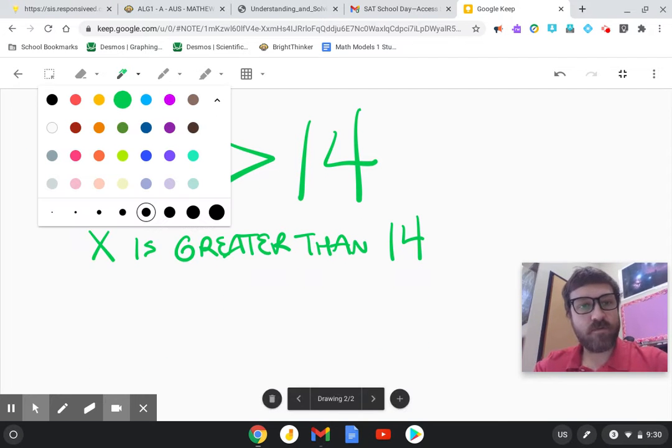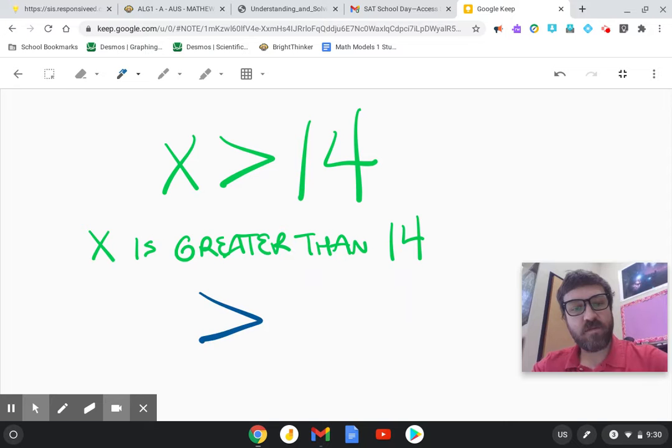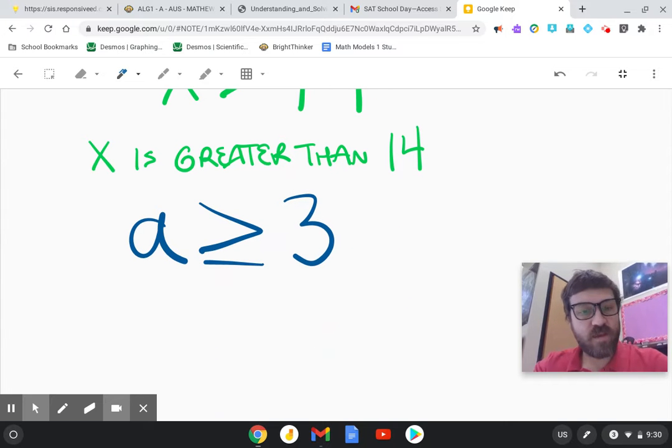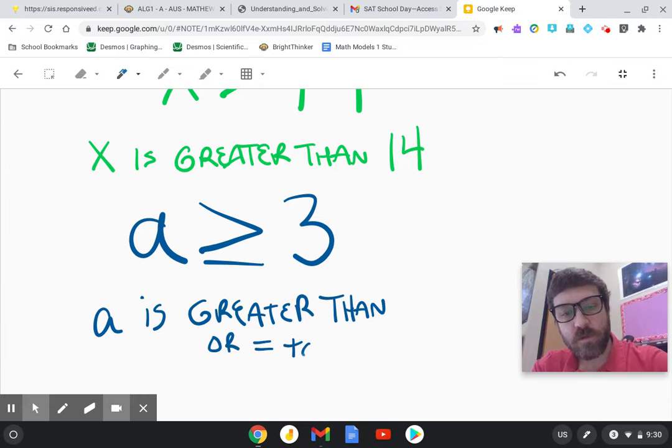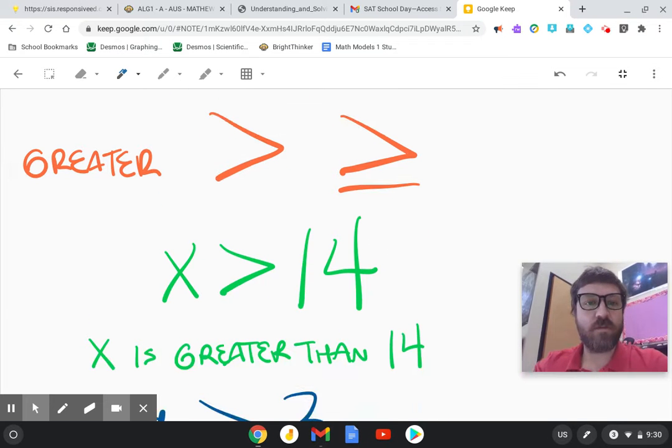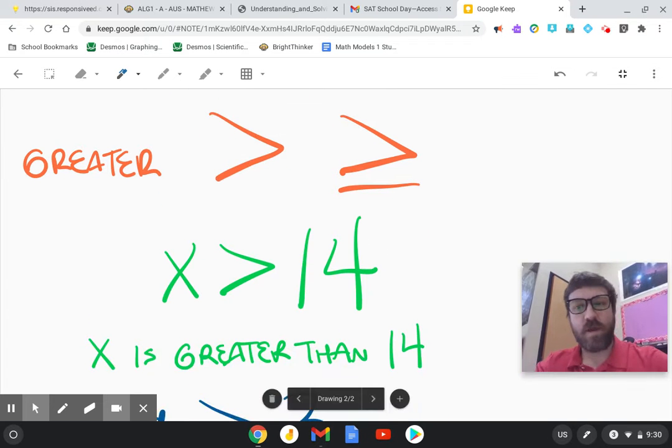Or if we have a symbol like this, maybe say A, this is saying A is greater than or equal to 3. So that's a summary of those two symbols, and those both fall under the greater category.